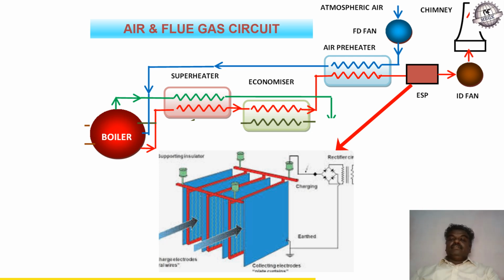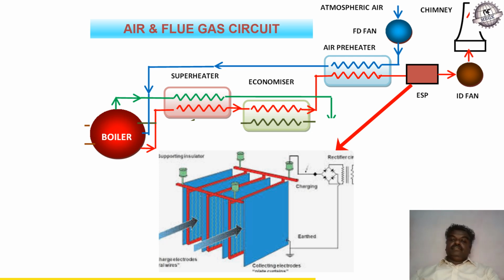And the flue gas that comes out of the system will have a lot of impurities, a lot of pollutants, and these pollutants and the impurities will be removed from the flue gas by means of the dust collection systems and what is known as ESP or electrostatic precipitator.